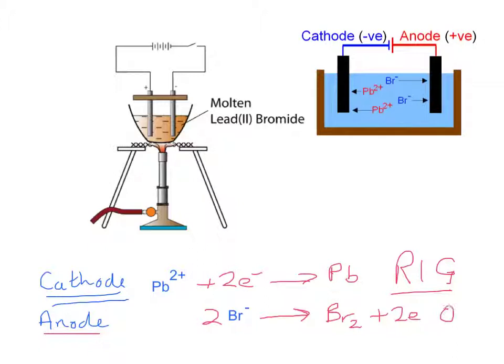And that is oxidation. Oxidation is all about losing electrons. The bromine that's formed is a brown gas and appears bubbling off around the anode over here.